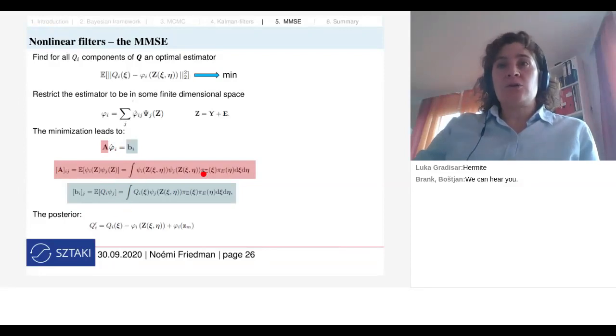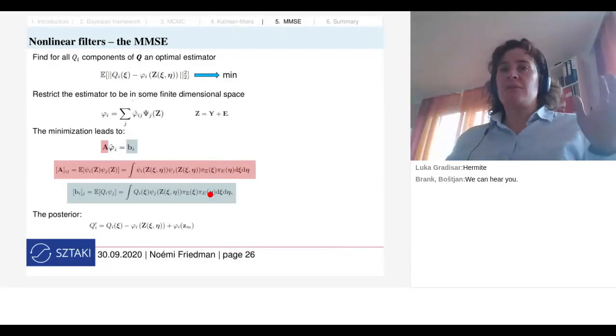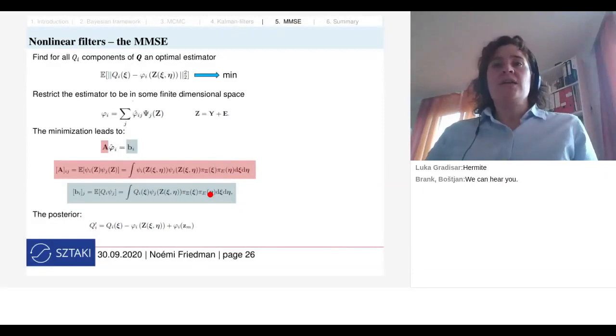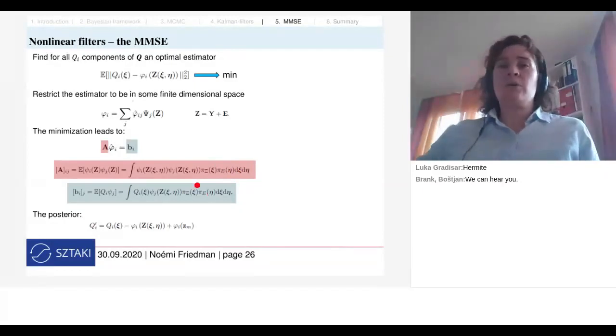These are integral terms over the stochastic domain, but please notice that the stochastic domain is the coupled domain of the input random variables and the noise. So the same way as in the Kalman filter. Now the stochastic dimension is increased. For as many independent measurements as I have, that is how many dimensions I have to add to the whole problem.